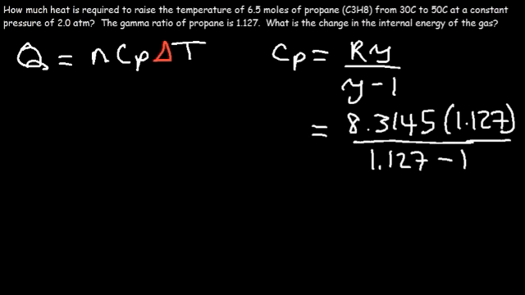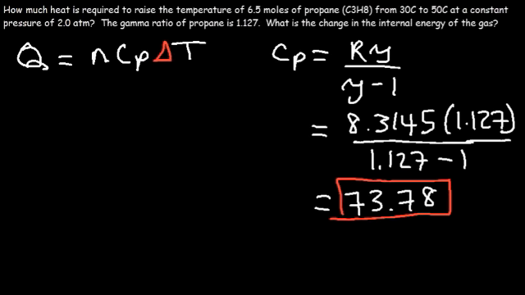So 8.3145 times 1.127 divided by 0.127 is about 73.78. So using this, we can now calculate Q.